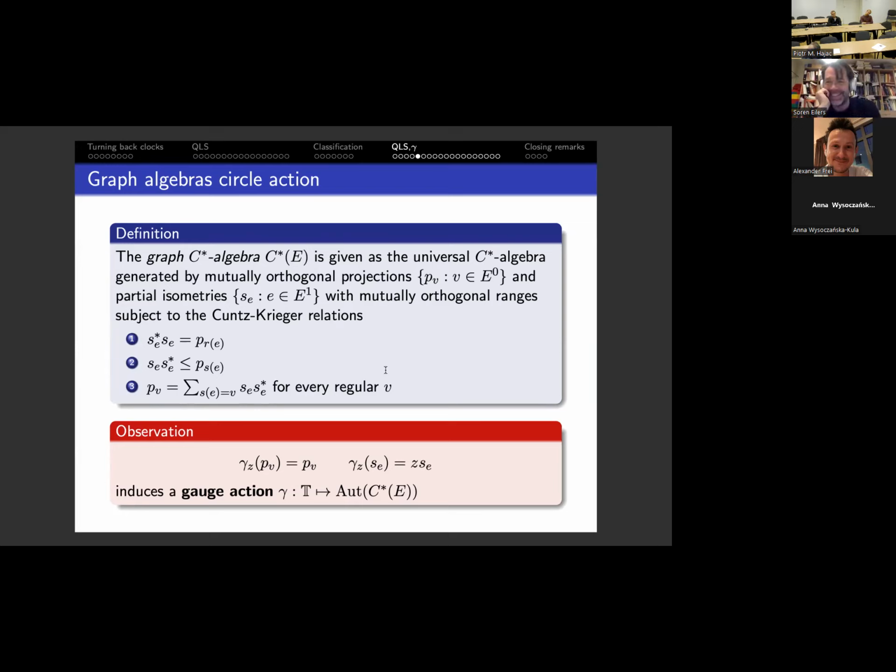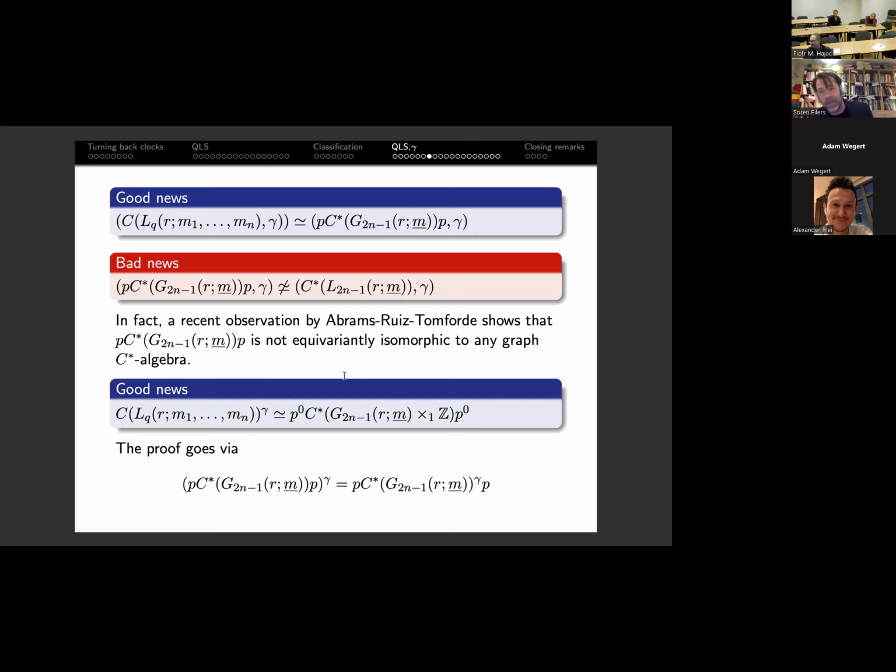These paths had varying lengths, and the gauge action applied to these paths gives exactly the power of z corresponding to the length. So I had something very long, and now I make it very short. This will not commute with the gauge action. This is precisely the problem. And actually, it's worse than that. There's a very recent paper by Abrams, Ruiz, and Tomforde proving that this is never equivariantly isomorphic to a graph C-star algebra.